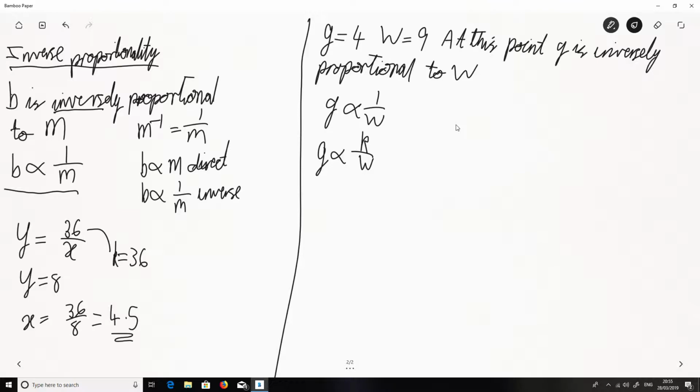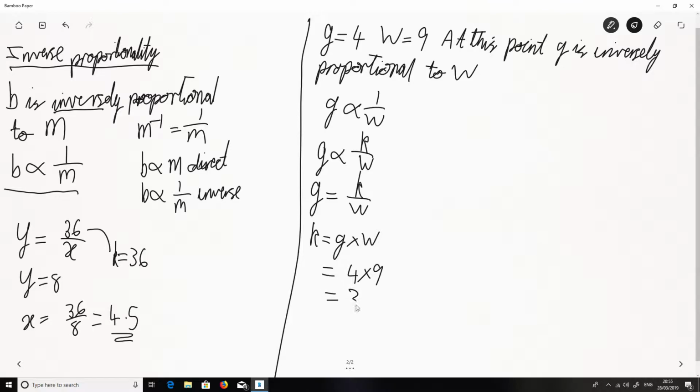So we've got this. So we want to do as before, G is equal to K over W, because we know two values are at the same point, are inversely proportional. So then we want to solve for K. So we get K is equal to G times W, and that is equal to 4 times 9, and that is equal to 36.